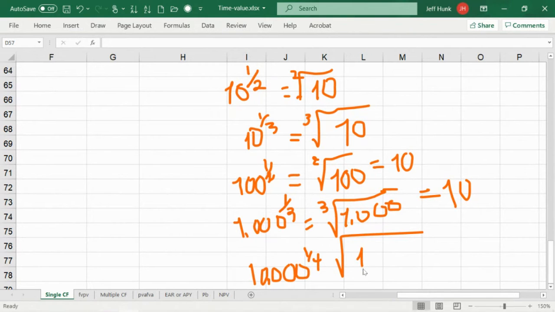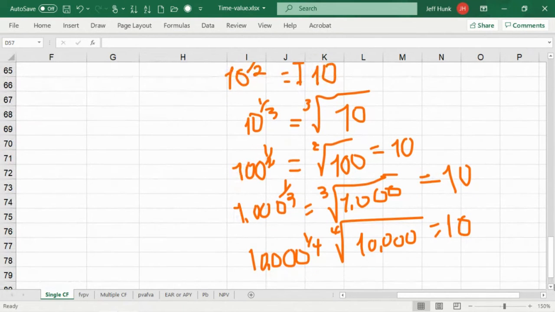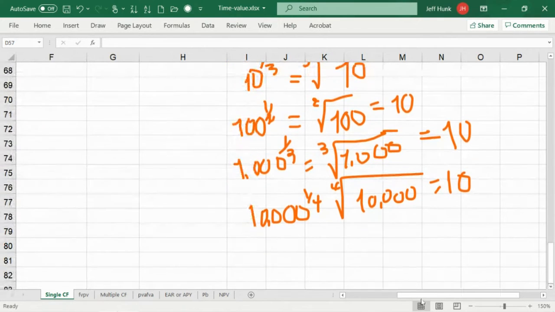I can't write this every time because it takes so much time. It's the fourth root, right? It's 10. Keep doing it like this. We can do 1 million is the sixth root, I mean 10, because 10 to the sixth is 1 million, right?